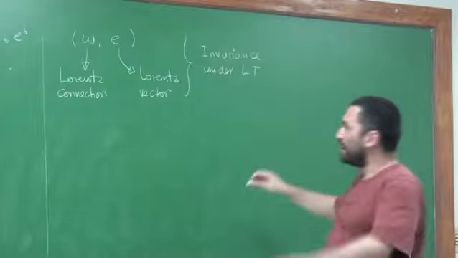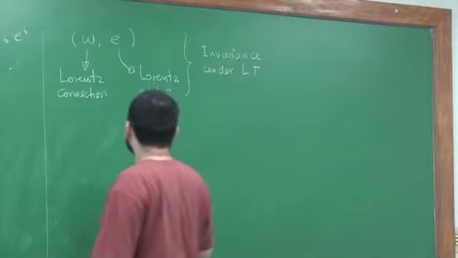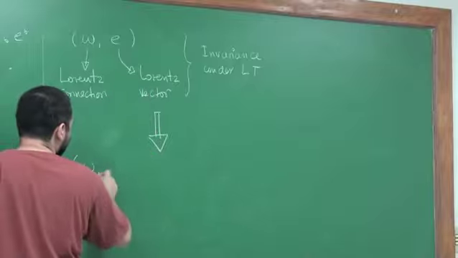And from here, I want to move to a theory where I also have omega and e.